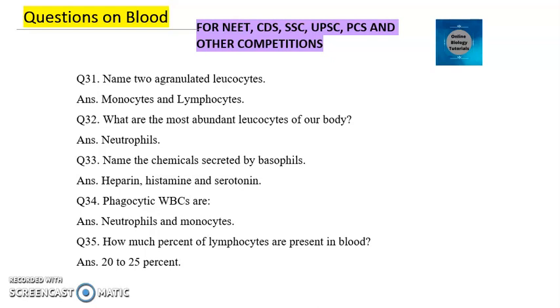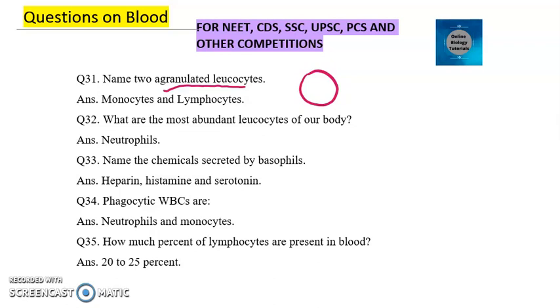So I'm starting with question number 31, as another 30 questions are already taken in the previous video. The first question is asking, name two agranulated leukocytes. Leukocyte is another name of white blood cells, and when we categorize them as agranulocytes, it means that there will be no granules found in the cytoplasm.